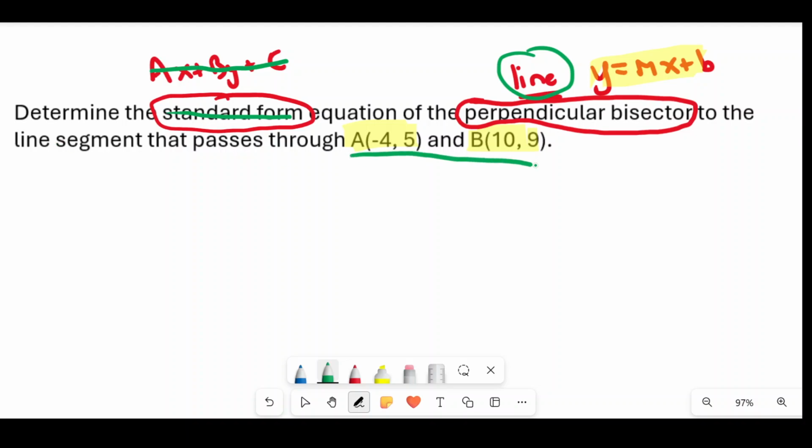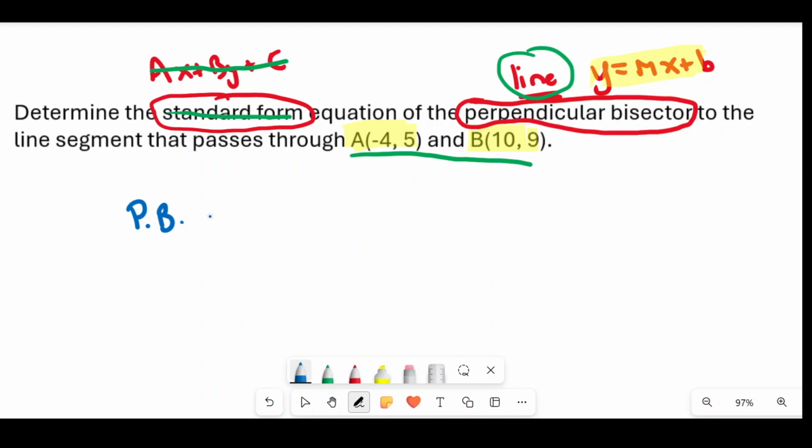So again, if you think about the diagram we just drew, line segment AB exists in space somewhere, and there's a midpoint. So that's where I would start. I know that the perpendicular bisector, I'm just going to call it PB. I sometimes actually say peanut butter line. Weird.